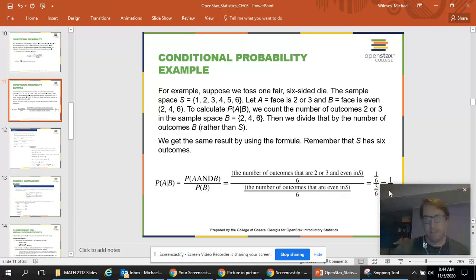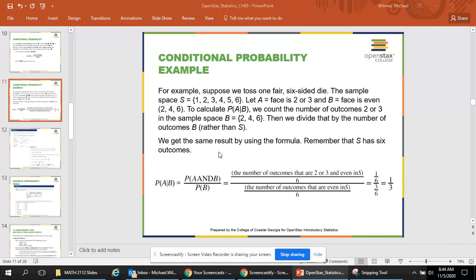Let's see, my face is in the way. I'll close that. Okay. So for example, suppose we toss one fair six-sided die. The sample space is obviously 1, 2, 3, 4, 5, 6. Let A be a 2 or a 3, and let B be an even number, so 2, 4, 6.